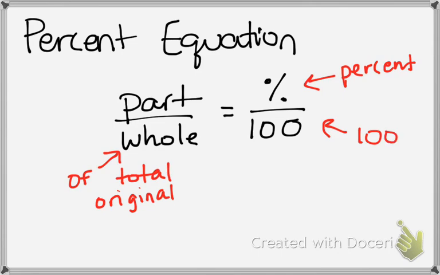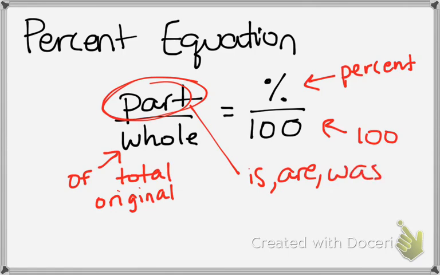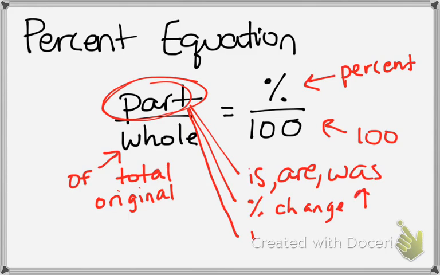So the thing that changes is the part. The part is the is in a regular percent problem, or the are or the was, basically the to be verbs. Or if we have a percent change problem, it's how much it changes, so it's like the new minus the old. Or it's going to be your tax or discount.